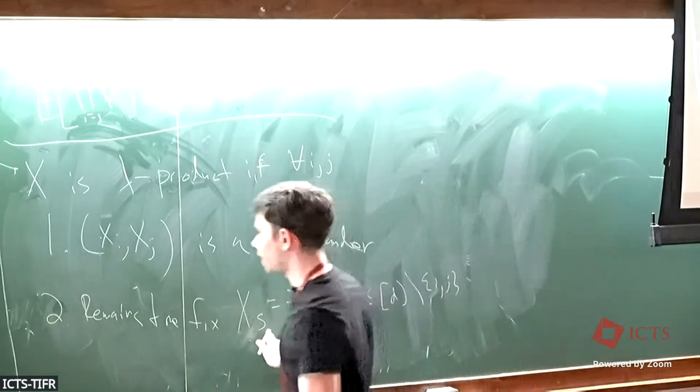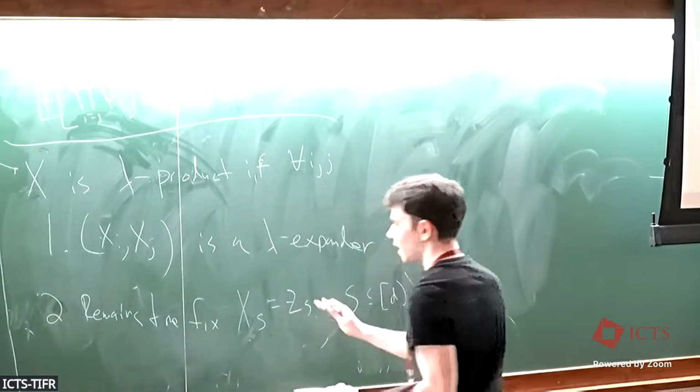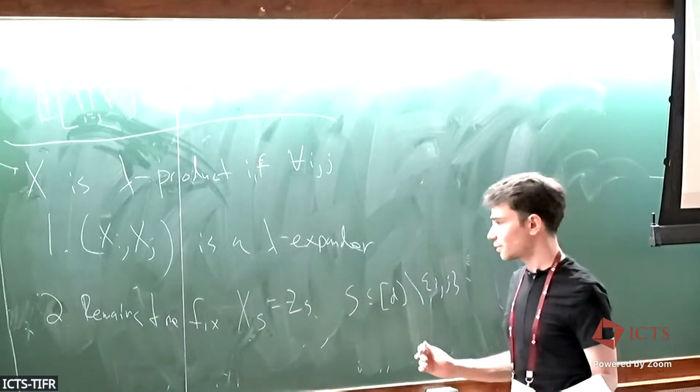Think of if S was just 1, this would be like fixing x1 to be a, like we did over here, or maybe 1a, technically. Then we want the conditional distribution of xi, xj to still be a lambda expander.